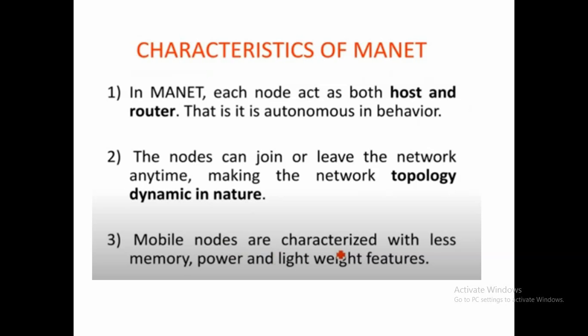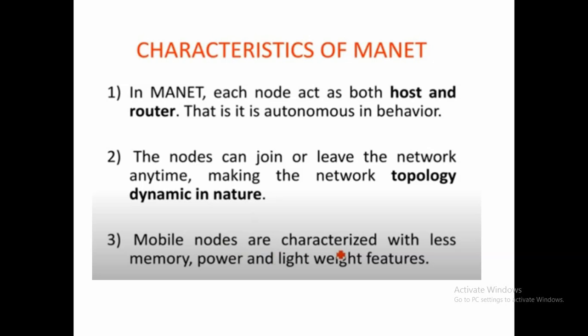The first thing: each node acts as both a host and a router. If you make a LAN, then you need a router or a switch. Here you don't need it; the same gadget is a host and also a router.